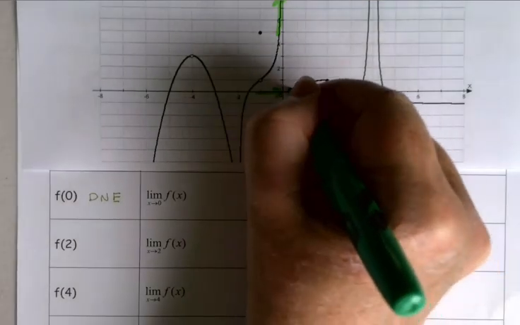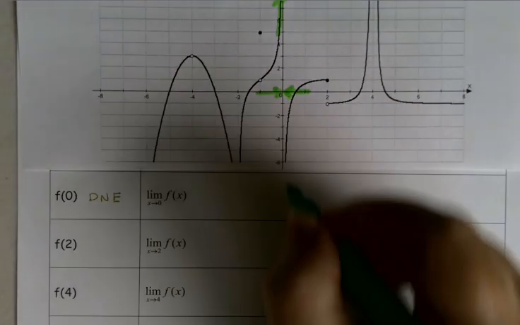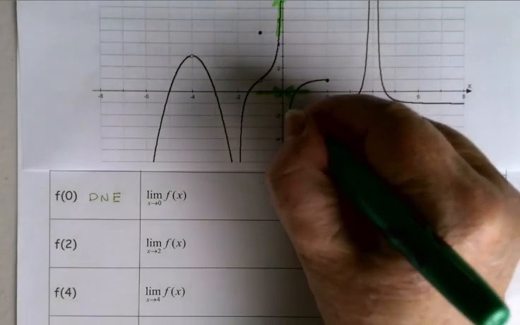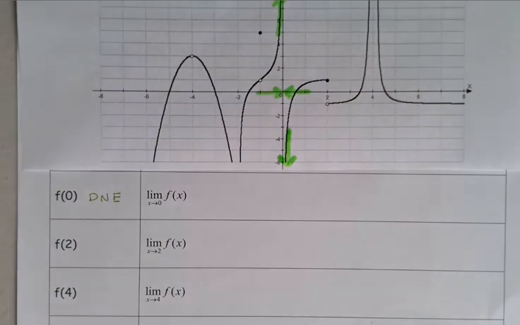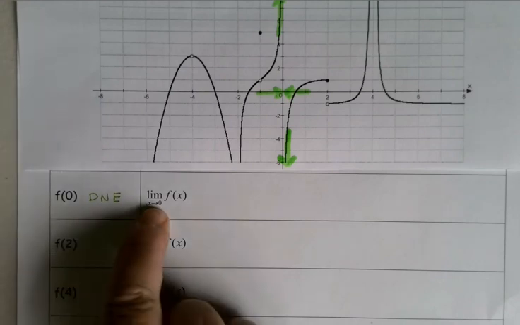And as I approach 0 from the right side, all the y values in the graph here get very large in the negative direction. So in this case, what happens to my y value depends on which direction I'm approaching the value of x equals 0 from.